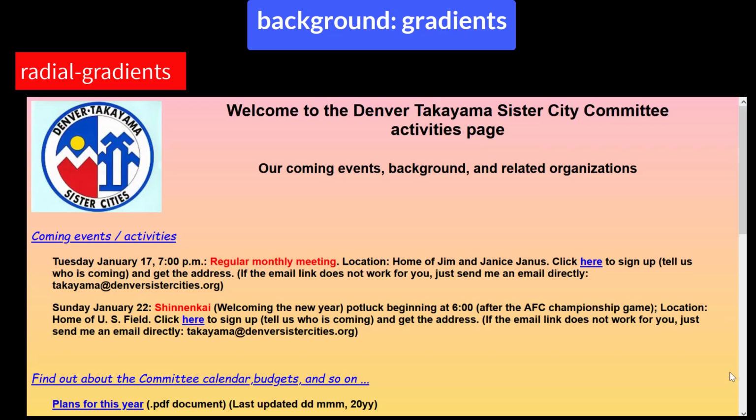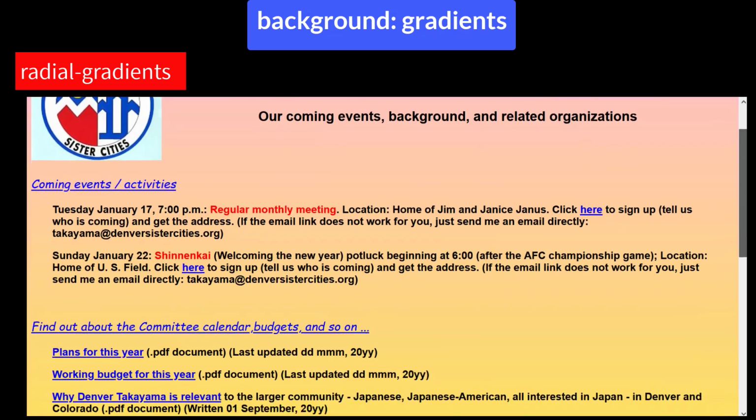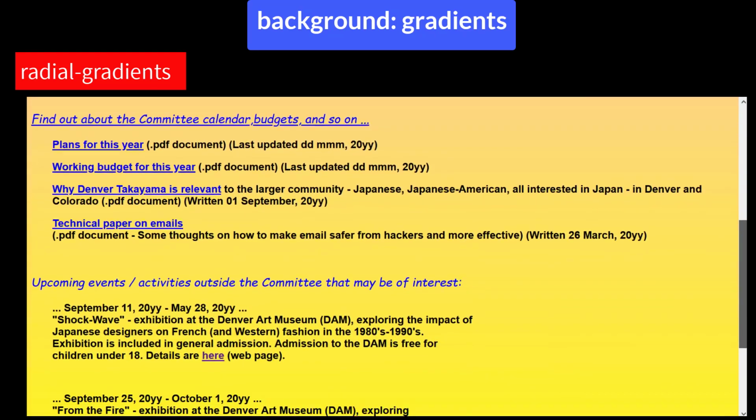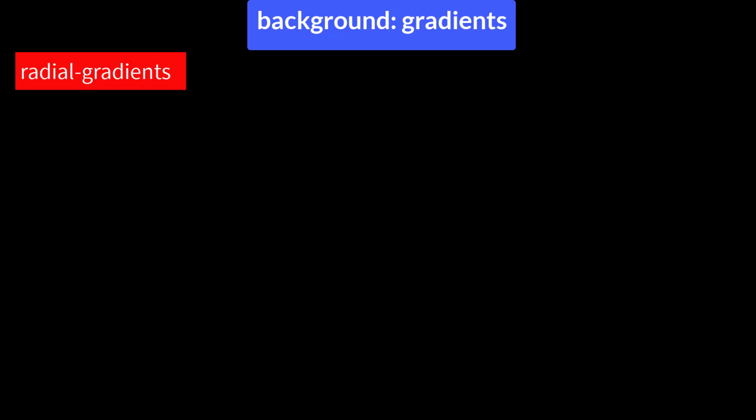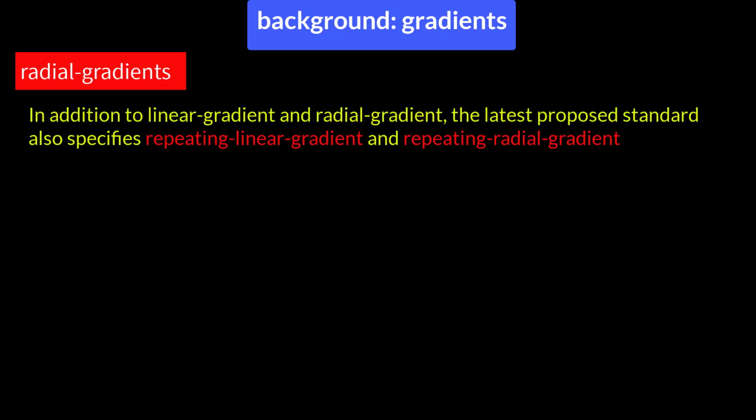Here we see a linear gradient from pink to yellow on the body, and down at the bottom of the page we set it up for a span for part of the paragraph, just to demonstrate.